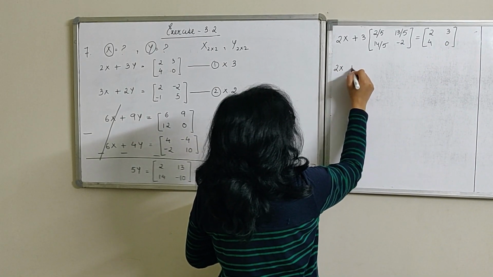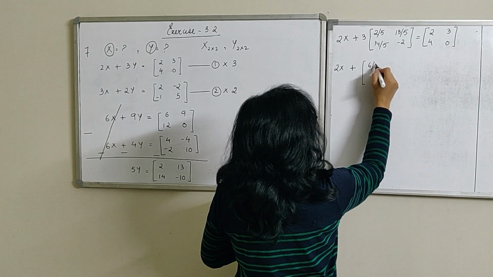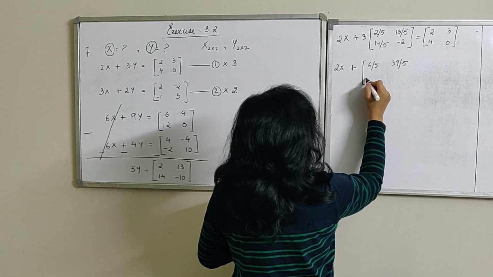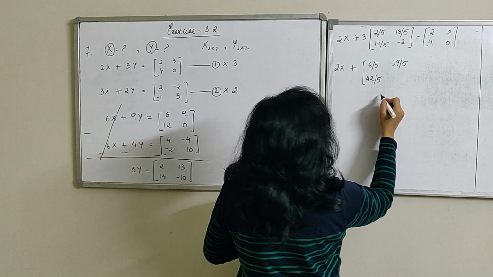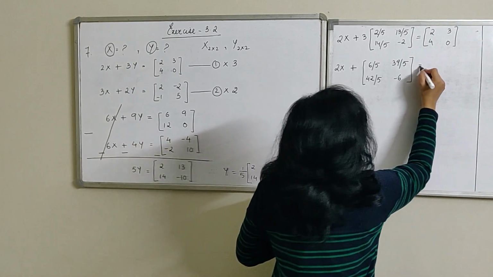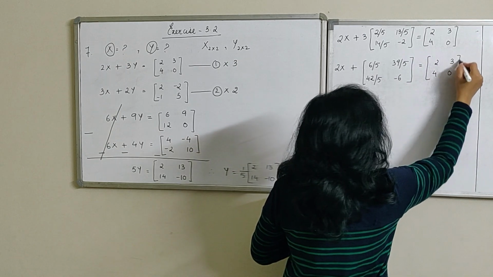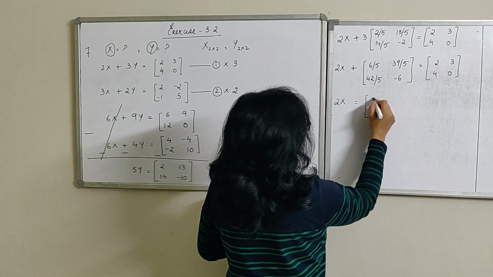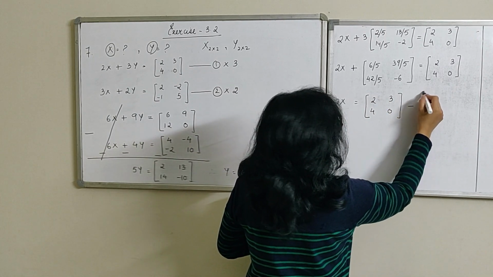So 2X plus, performing this scalar multiplication, 6 by 5, 39 by 5, 42 by 5, minus 6, equal to the right hand side matrix. Transposing the left hand side matrix to the right hand side gives us this expression.